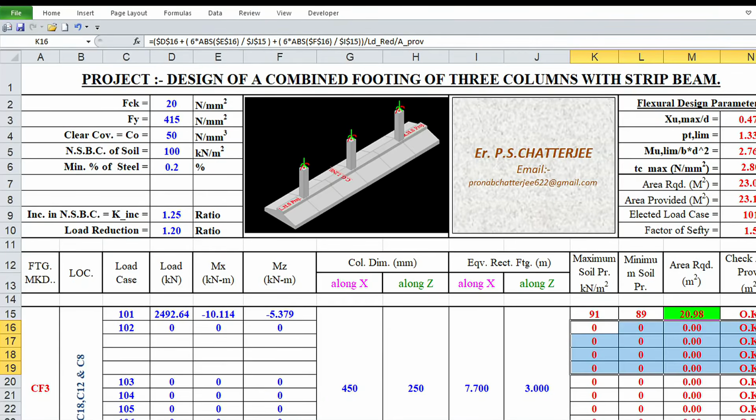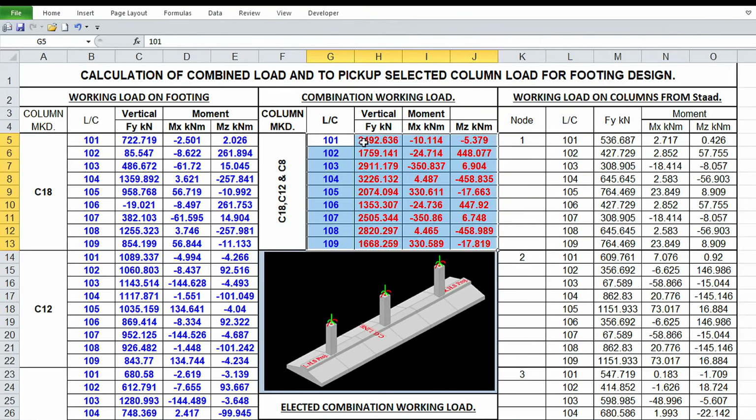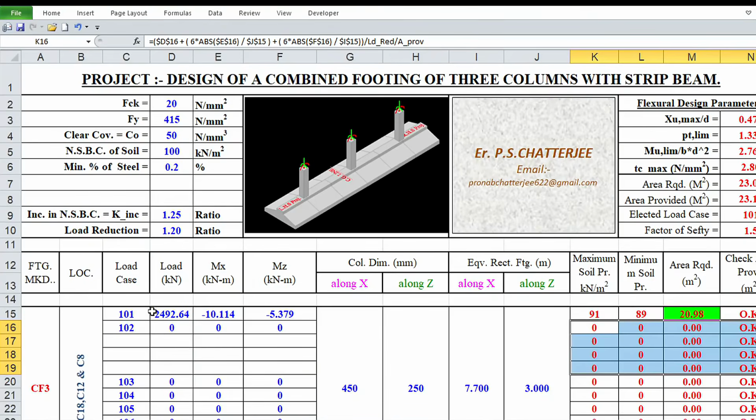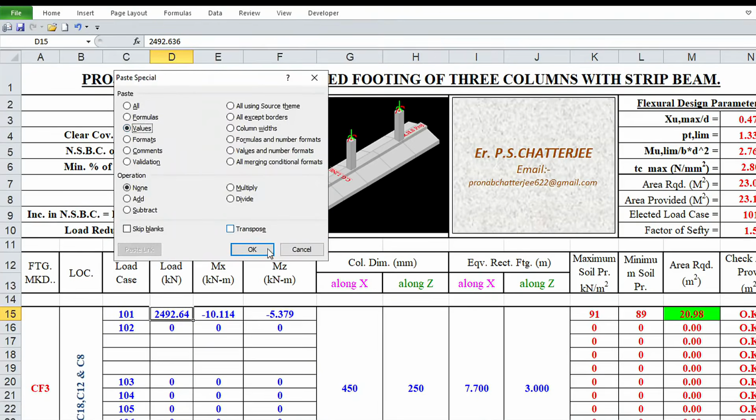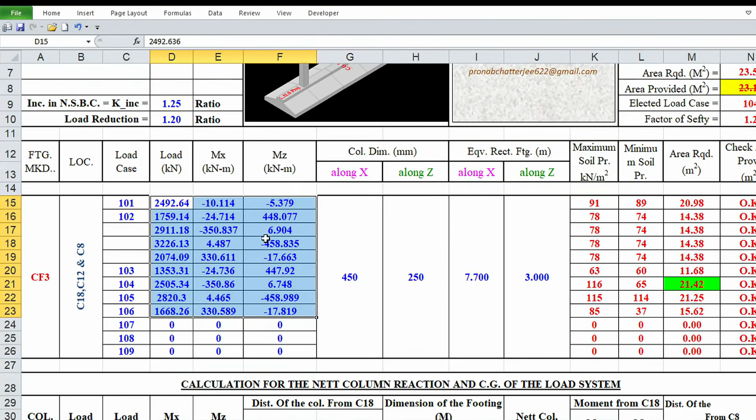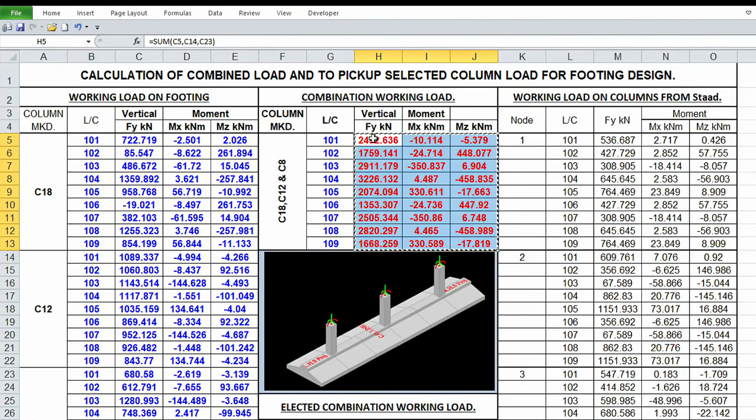Now say our load case is this one. Put here, paste special value. Once again, say I'm taking 3 load.